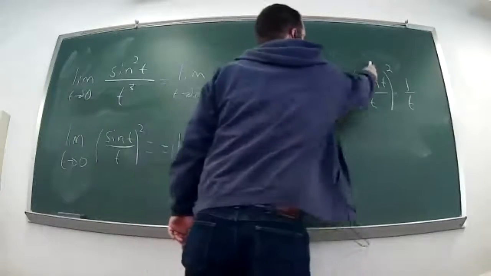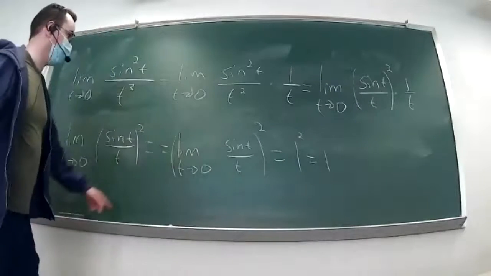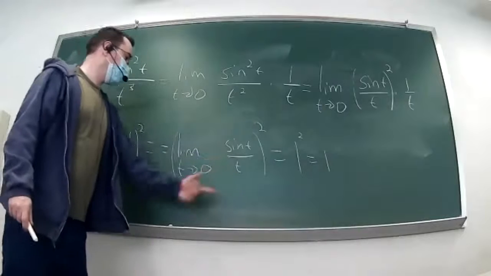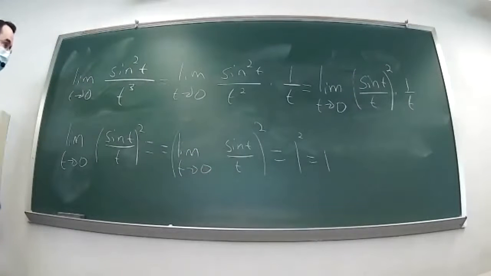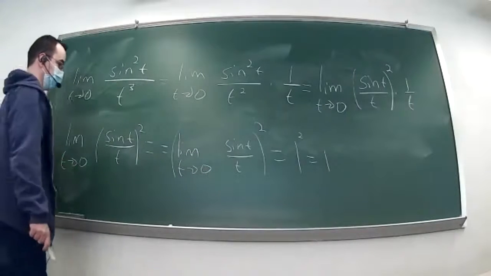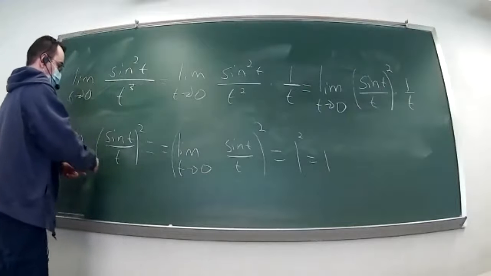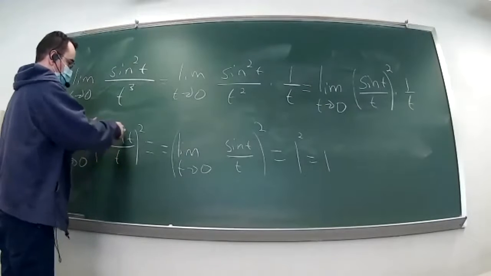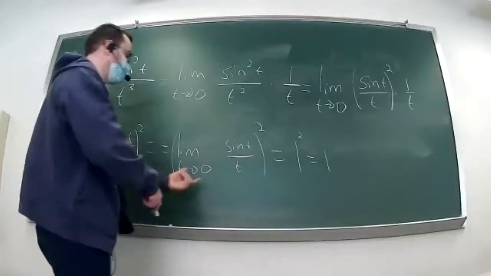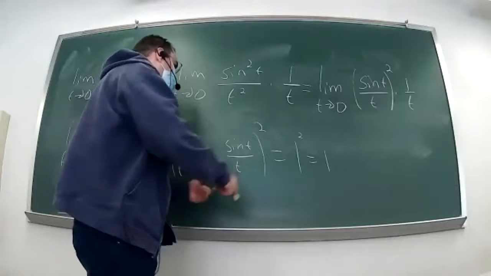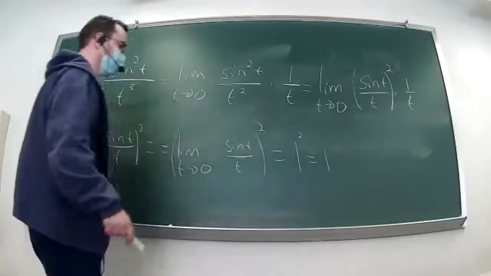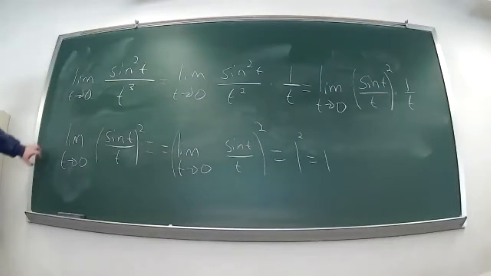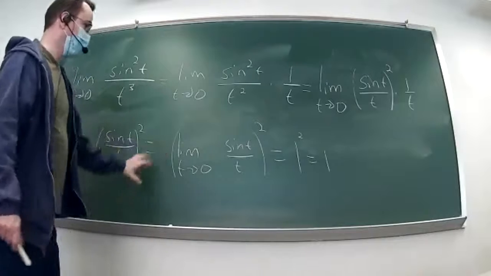So this first factor is heading towards 1, because you know the limit of sine t over t as t goes to 0 is 1, excuse me. And the limit law says that the limit of this function times itself is the same thing as the limit of the function times the limit of the function. This is the product limit law.